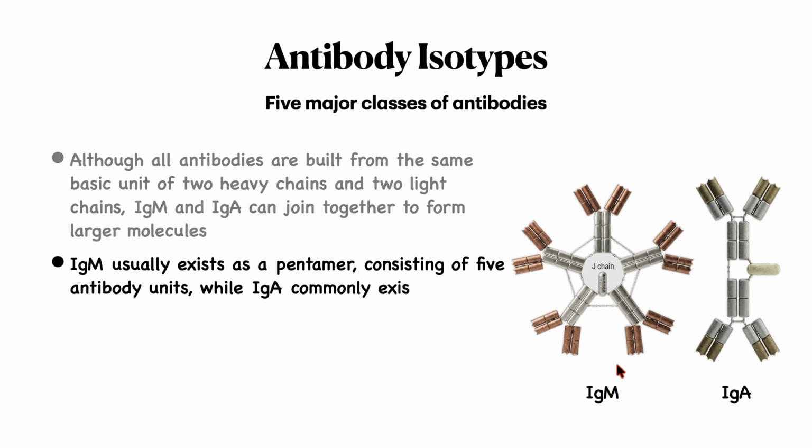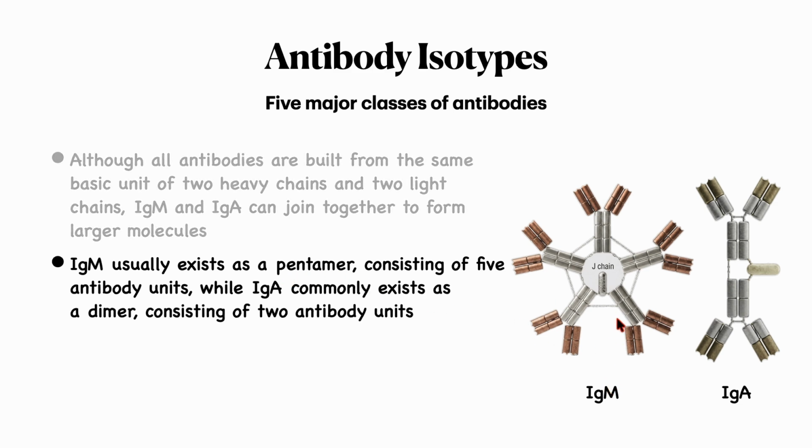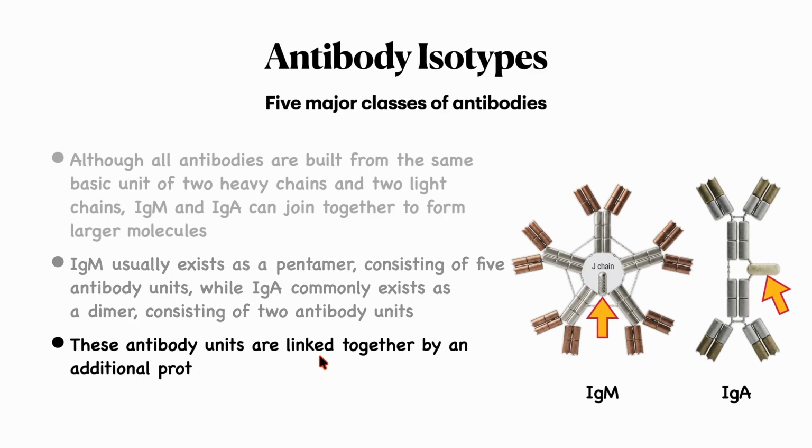IgM usually exists as a pentamer consisting of 5 antibody units, while IgA commonly exists as a dimer consisting of 2 antibody units. These antibody units are linked together by an additional protein called the J chain.